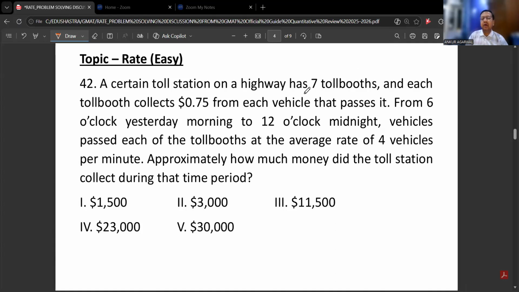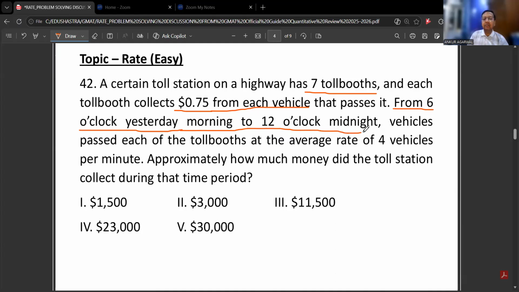How many toll booths are there? 7 toll booths. They are collecting how much money? $0.75 from each vehicle. What is the timeline I have? From 6 a.m. yesterday morning to 12 o'clock midnight.